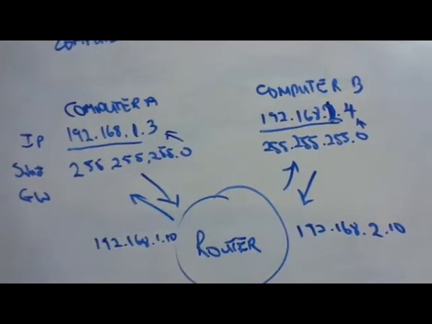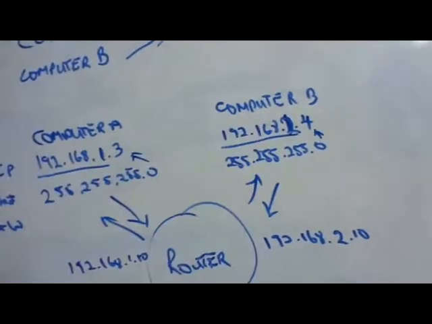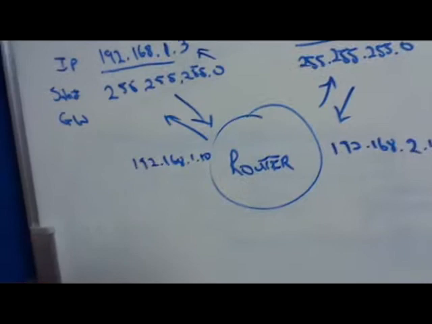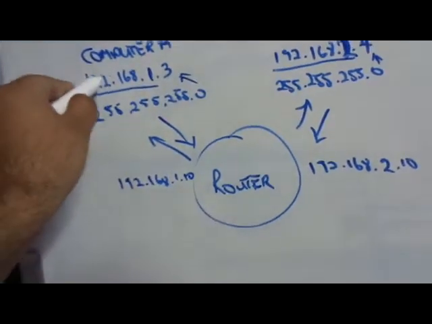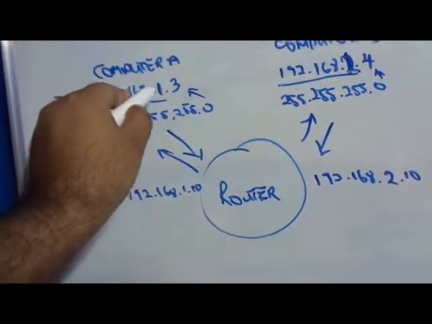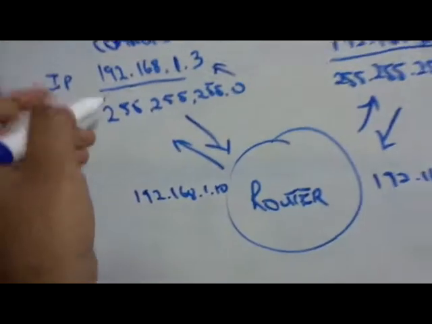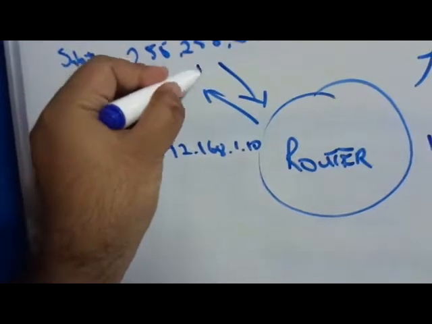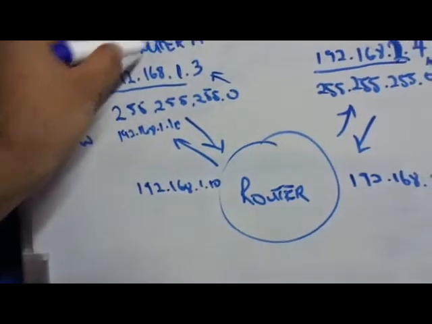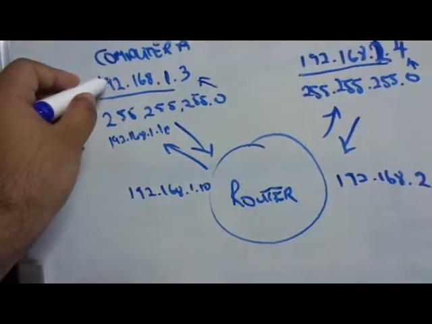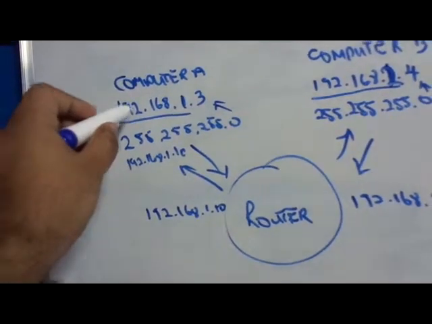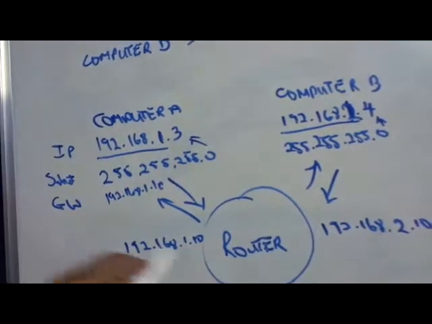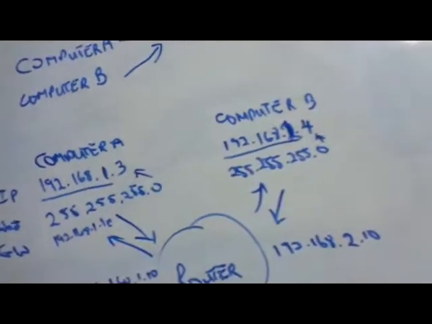In order for computer A to reach computer B by using the router, you would have to set the gateway as the router. So the gateway would have to be, you see the same interface, 192.168.1.10. That means that computer A, as long as the destination is not on the same network, the .1 network as I call it, would jump to the gateway, and the gateway, which is the router, would forward the packets to computer B.